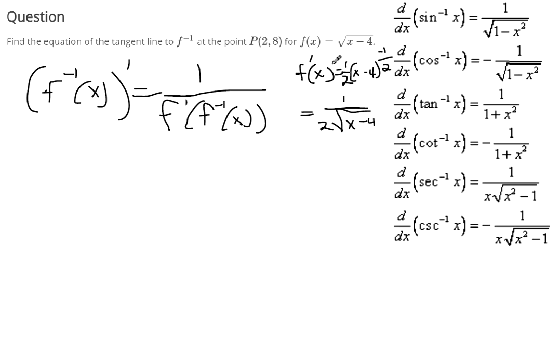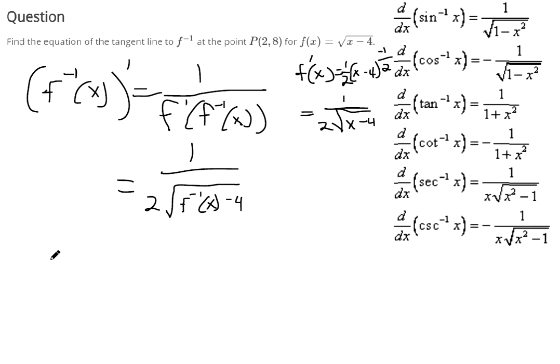Okay, so now we know what the derivative of f is. We just need to plug the inverse into it. So instead of x, I'm going to plug the inverse of x into it. And so there's our notation.